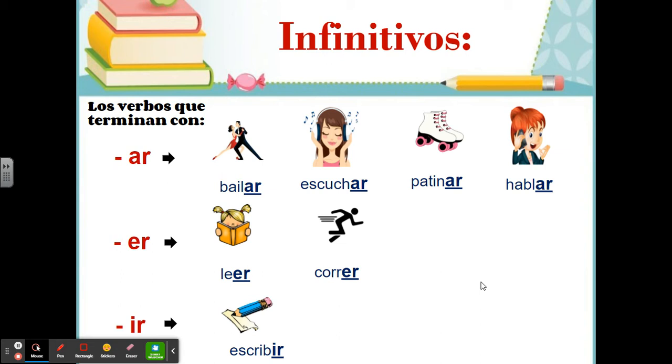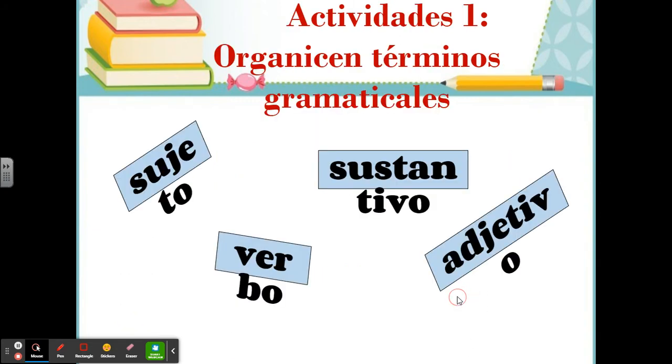I underline those endings. As you have been writing activities, you should have noticed that they all end with AR, ER, IR. These are your verbs. When you get new vocab and it ends with this, it's most likely a verb.